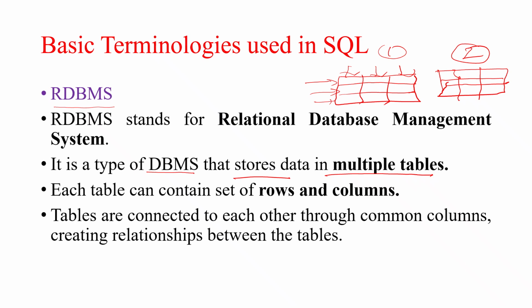Only if the column names match from table 1 to table 2 are the tables connected to each other. If the columns match, that can create some relationship. Only if the relationship is established can we join the tables.